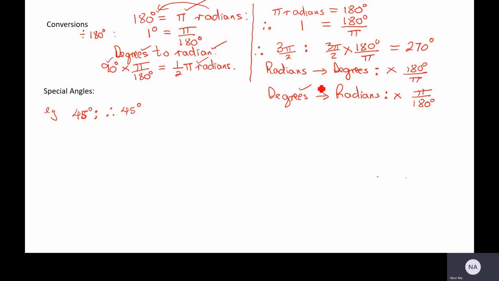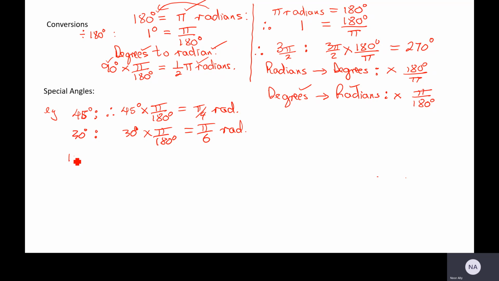This is going from degrees to radians, so multiply by pi over 180 degrees, simplify, and what do you get? Pi over 4 radians. 30 degrees, multiply 30 by pi over 180. Simplify, pi divided by 6 radians.